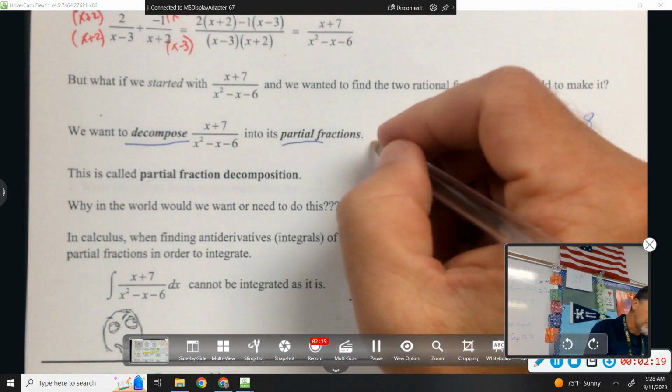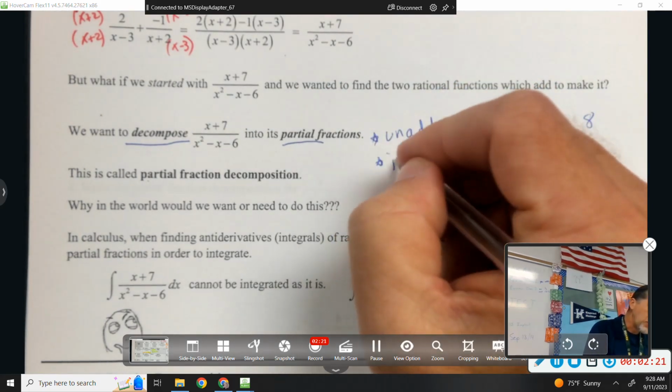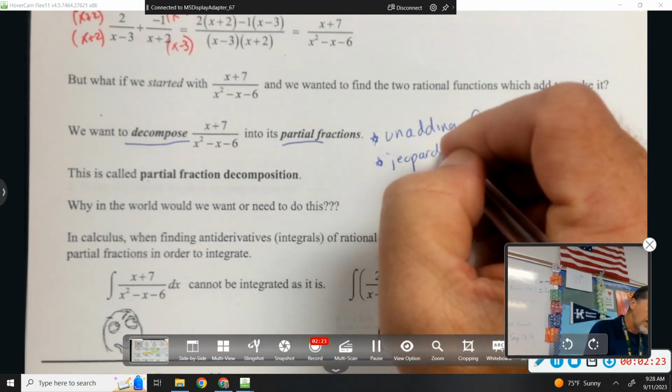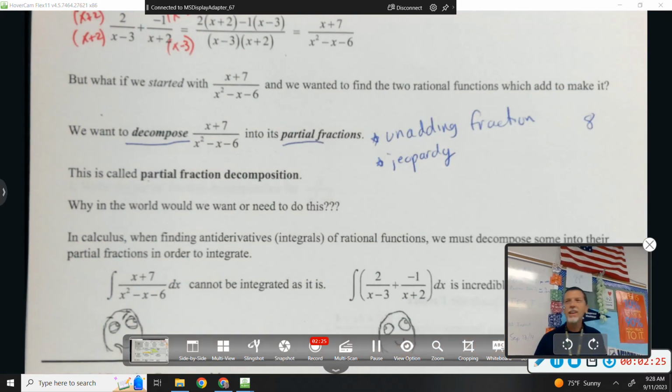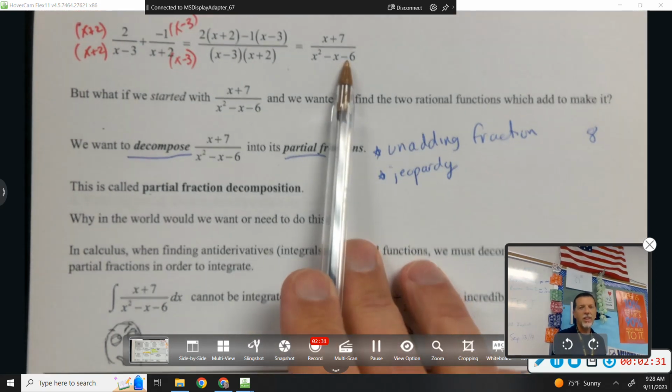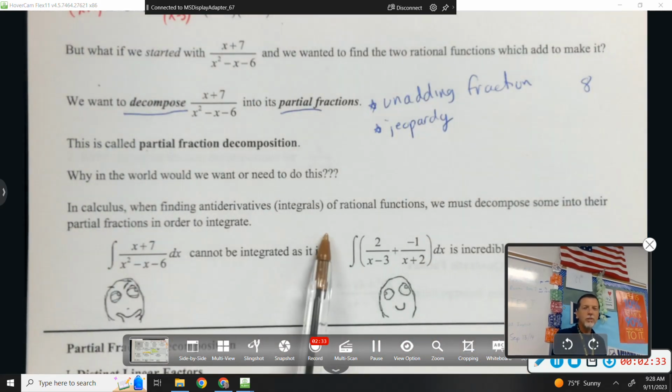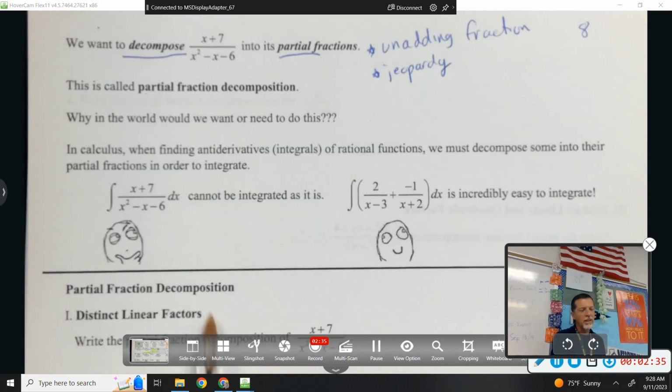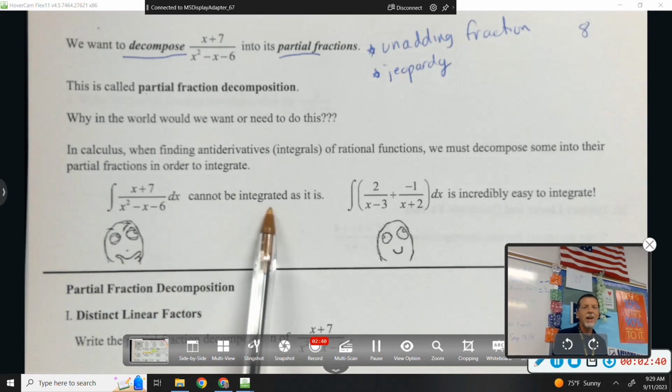Another way to phrase today is, it's a Jeopardy day. Game show Jeopardy, where they give the answer and you have to give the question. That's what today is. Here's the answer. What was the question? And the reason we'd want to do that is more of a calculus answer. This thing cannot be integrated.